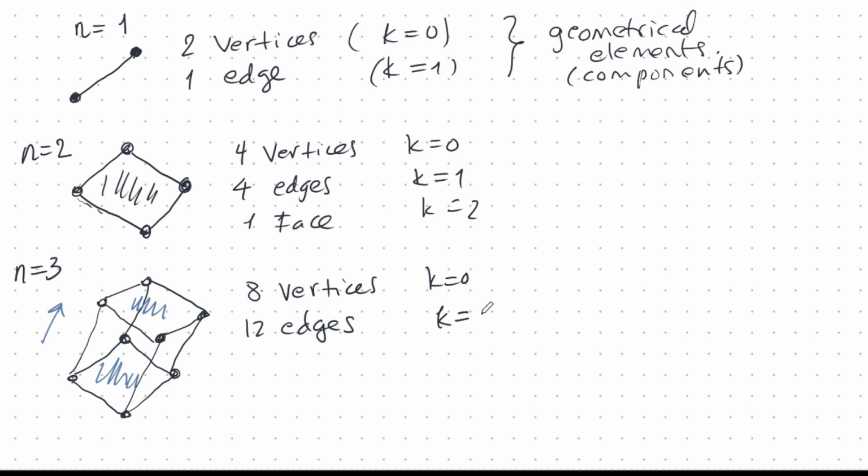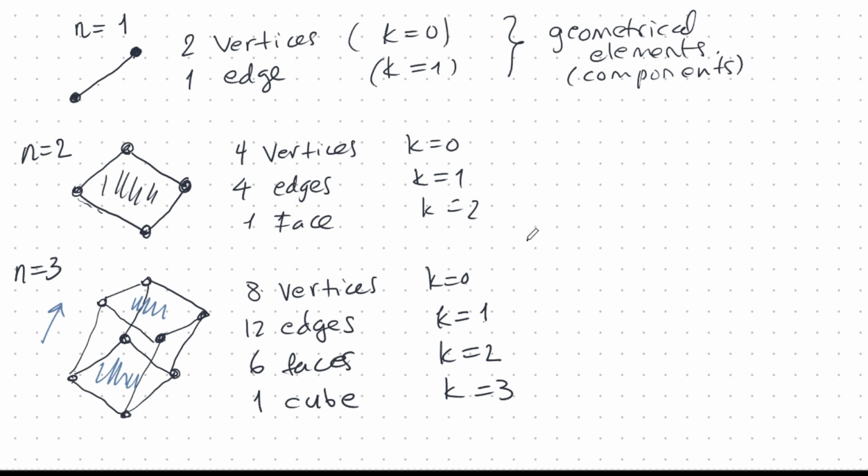K is 1. How many faces do we have? 1, 2, 3, 4 around, and then top and bottom, that's 6. So 6 faces. So k is 2. That's the 2D component. But you have one 3D component, the cube itself. One cube, that's a 3D component. K is 3. That's very interesting.